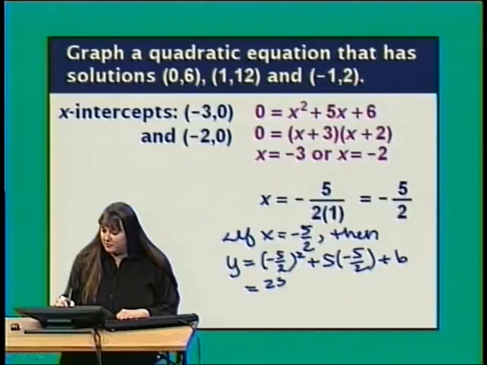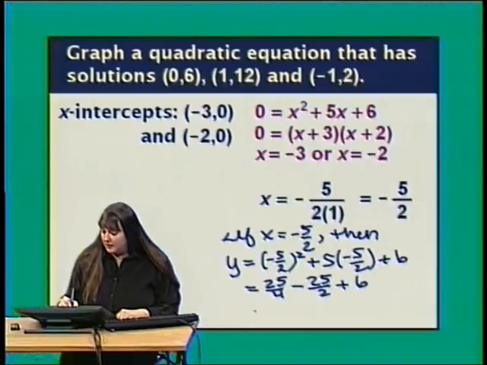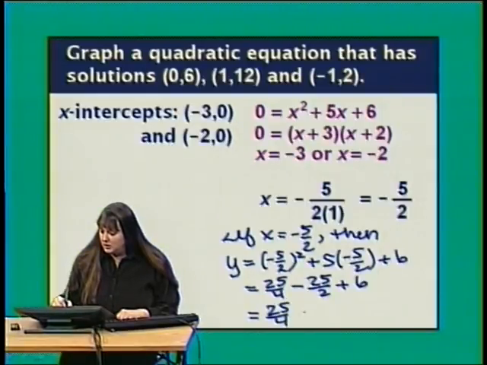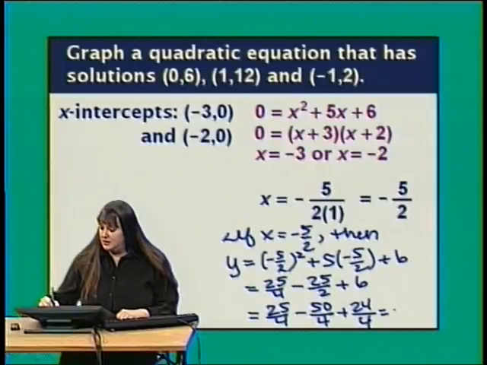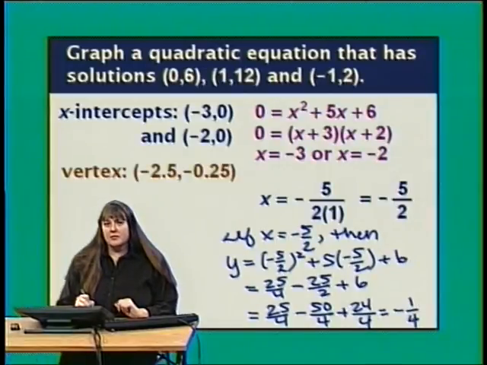That's 25 fourths minus 25 halves plus 6. Getting a common denominator, that's 25 fourths minus 50 fourths plus 24 fourths, which looks to be negative 1/4. So the vertex is (-2.5, -1/4).